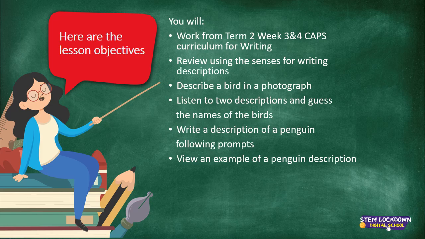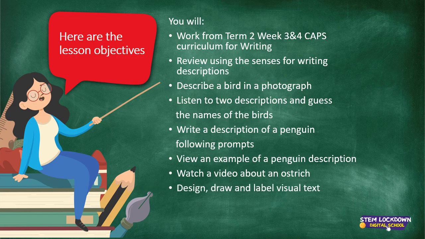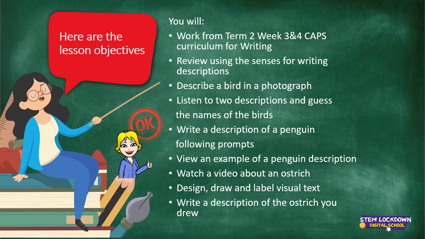You'll view an example of a penguin description. You'll watch a video about an ostrich. You'll design, draw and label visual text. And then you'll write a description of the ostrich you drew. How does that sound?